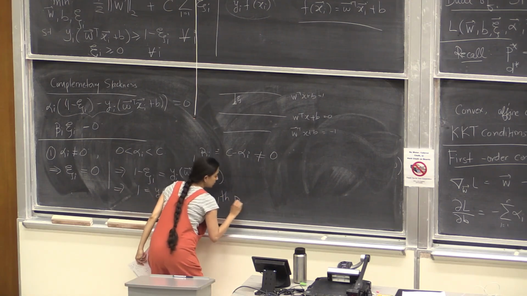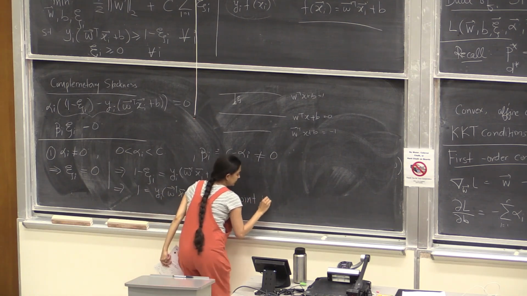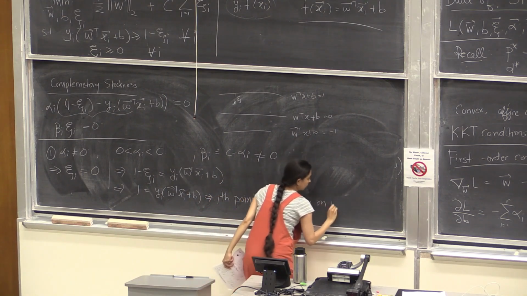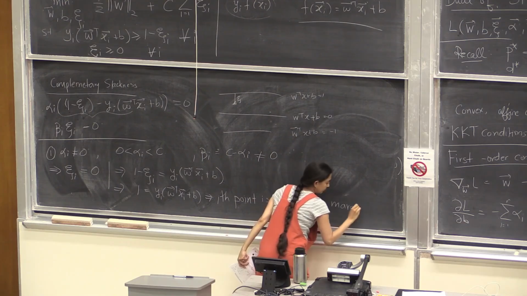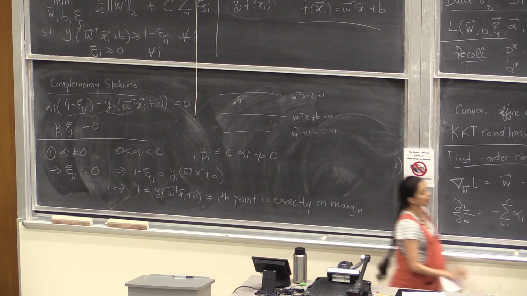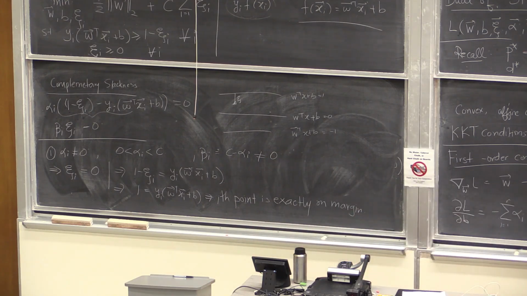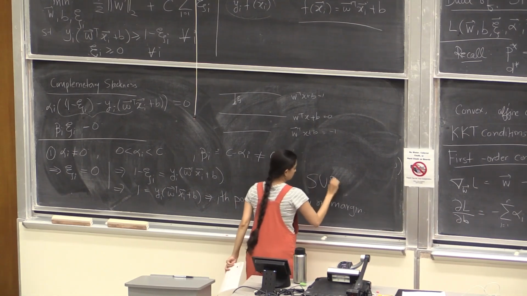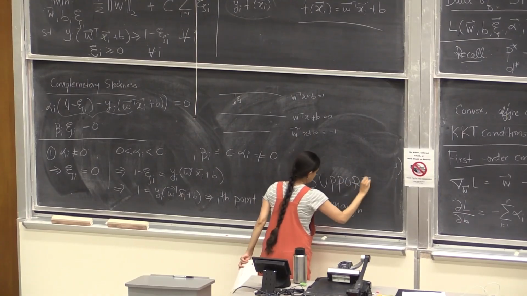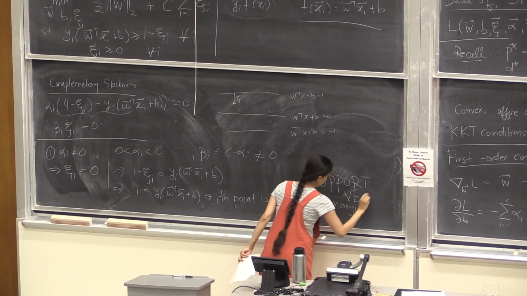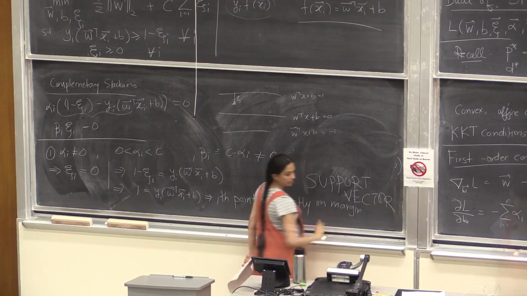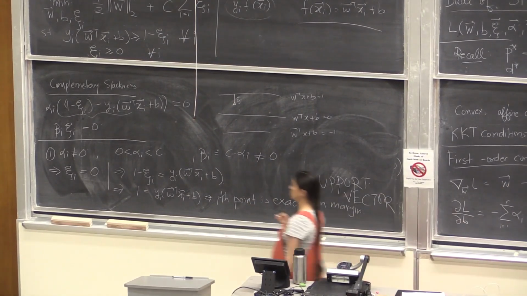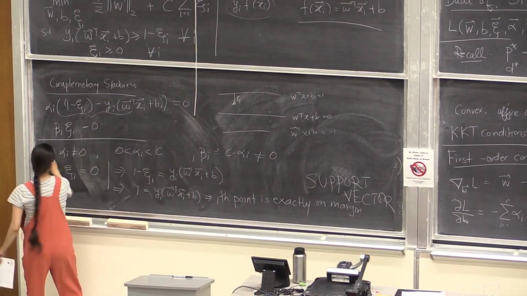The ith point is exactly on the margin. Furthermore, alpha i is not equal to 0, so it's mattering. This is a support vector. I'm just saying, let's take this case. Let's assume this case. So, case 1.